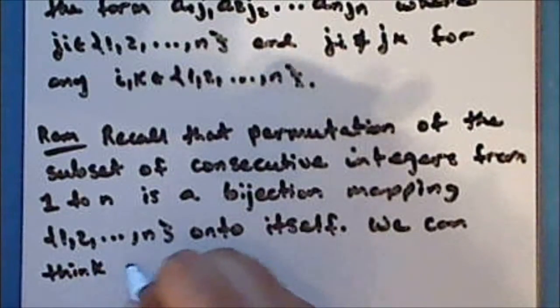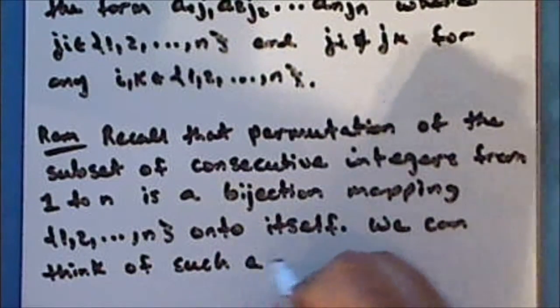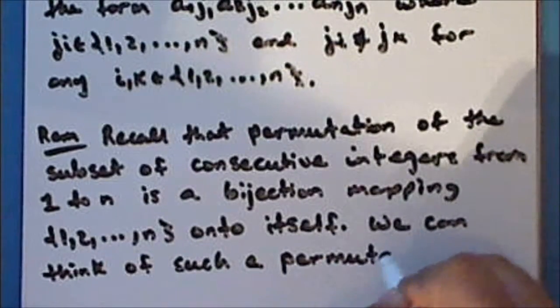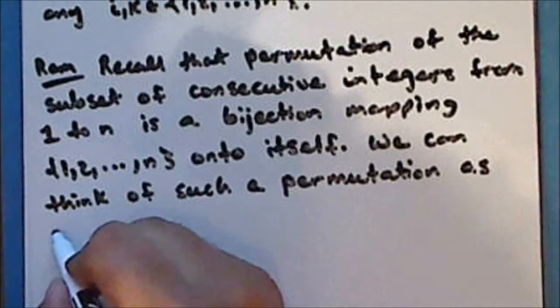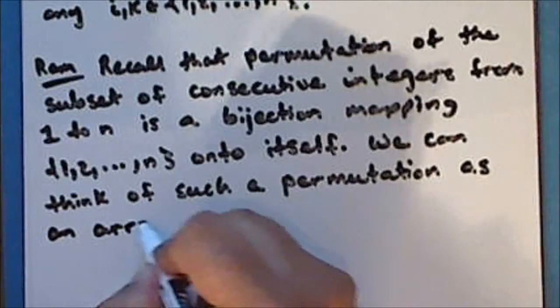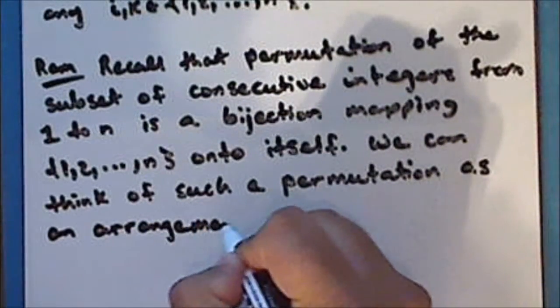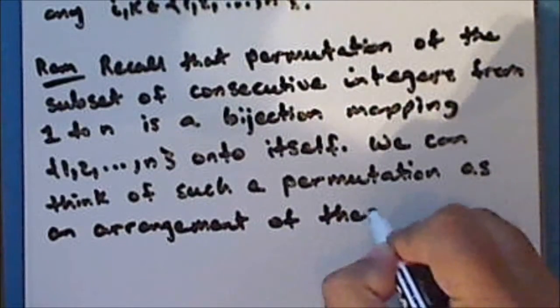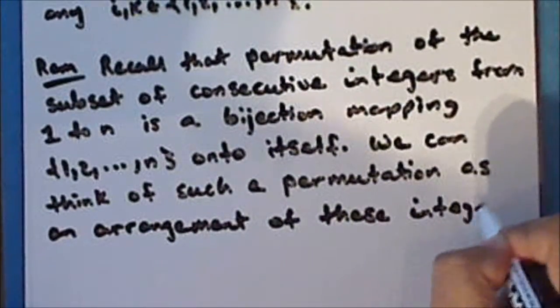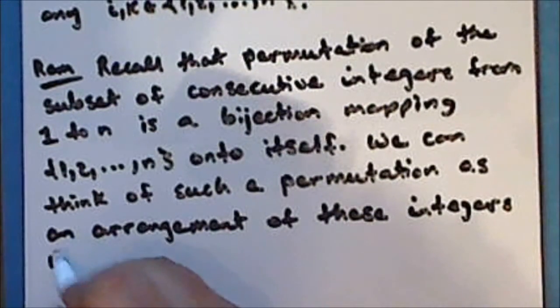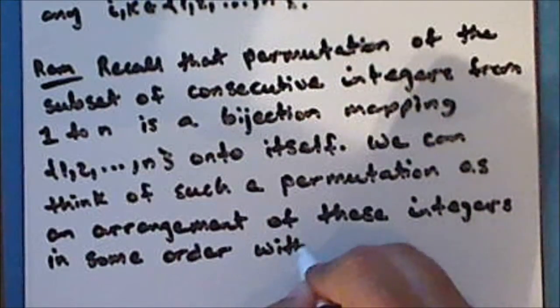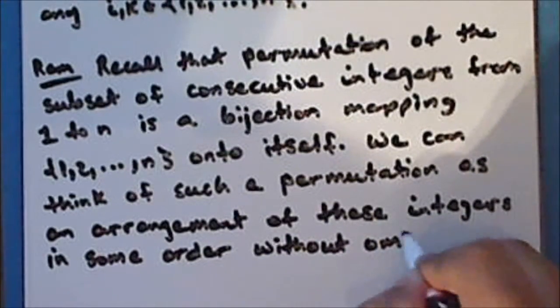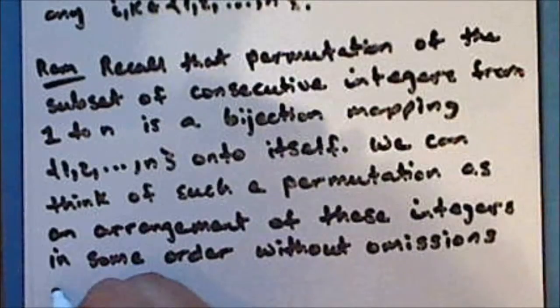We can think of such a permutation as an arrangement of these integers in some order without omissions or repetitions.